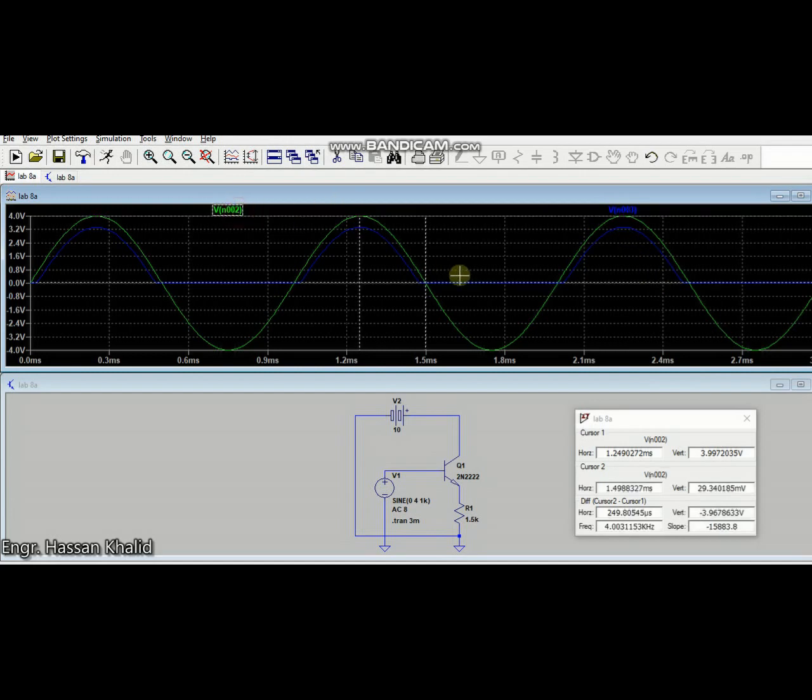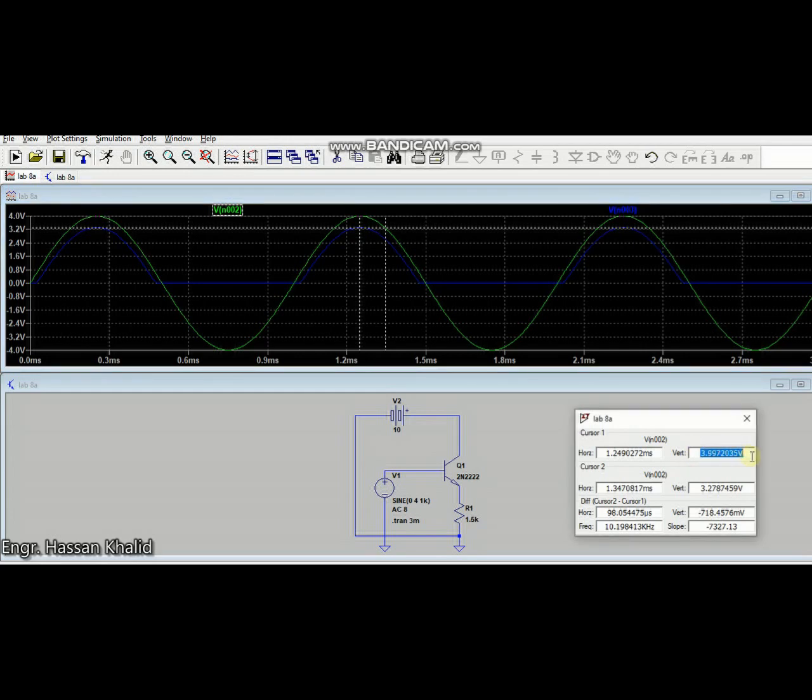Let's take the second cursor to measure the difference. This is the voltage amplitude of the green signal, which is 3.997 volts, and the second is the amplitude of the obtained blue signal, which is 3.277 volts. So let's measure this difference. It is actually 0.718 volts. So where does this difference come from?